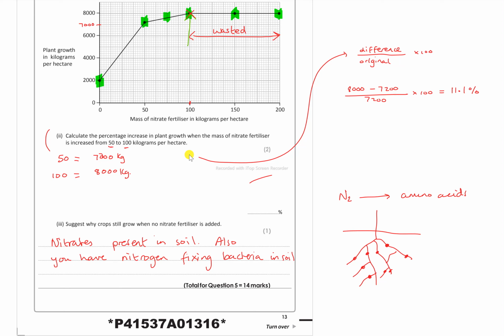Right, and the bacteria live in there. They take nitrogen from the soil and the atmosphere, turn it into amino acids, and in return, what did we say? The plant provides them with food, like carbs. And it's called a symbiotic relationship, because they're benefiting each other.